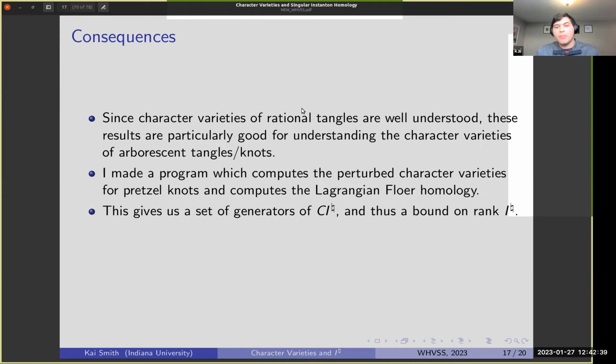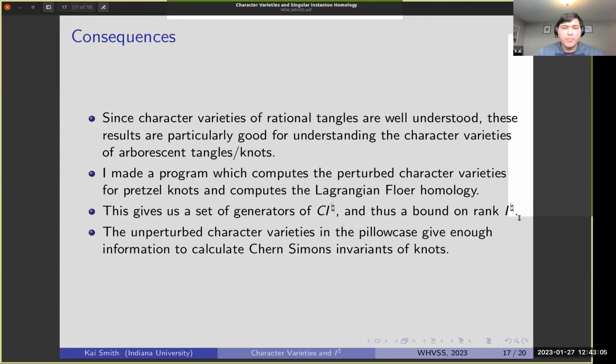There are other upper bounds that come from the spectral sequence from Khovanov homology, but there are cases when the bounds from this method are tighter than the ones coming from Khovanov homology. So without taking any homology, without looking at any differentials, just by looking at the intersections in the pillowcase, we can learn more about singular instanton homology by getting these new bounds.